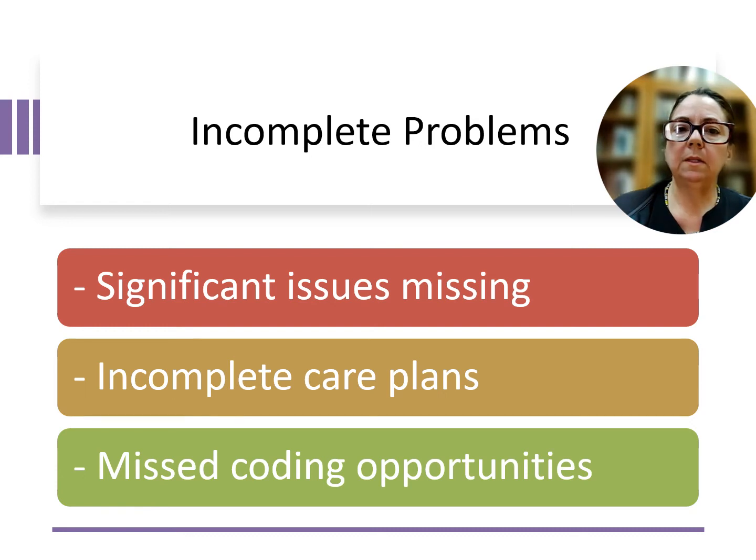Incomplete problem lists can lead to undercoding, impacting reimbursement, and potentially causing claim denials. During quality audits, incomplete problem lists suggest poor documentation practices and may trigger further investigation. Clinical validation is hindered by the lack of a comprehensive problem list that accurately reflects the patient's health status.